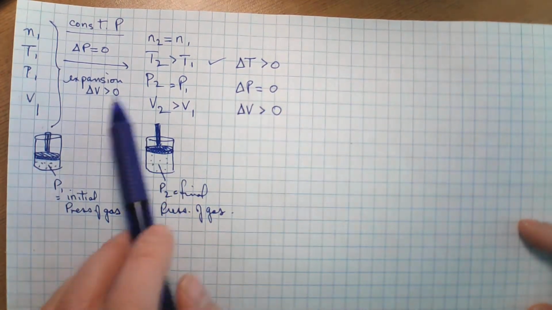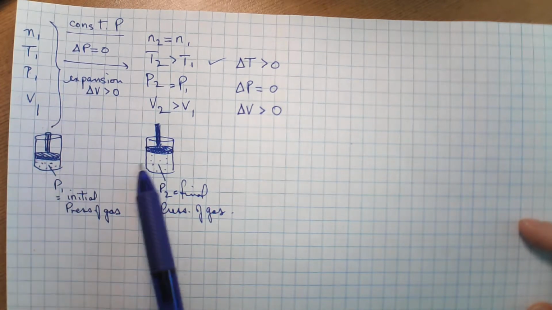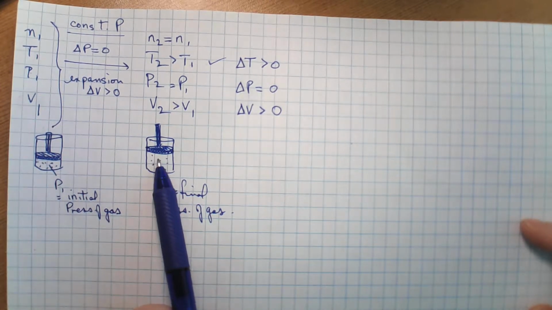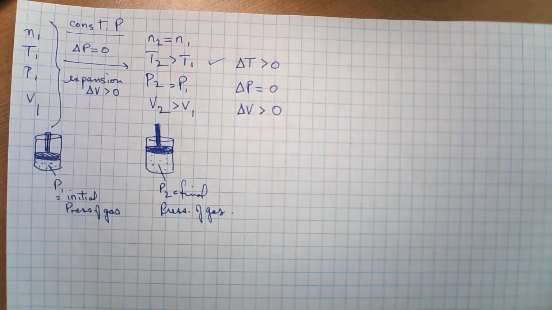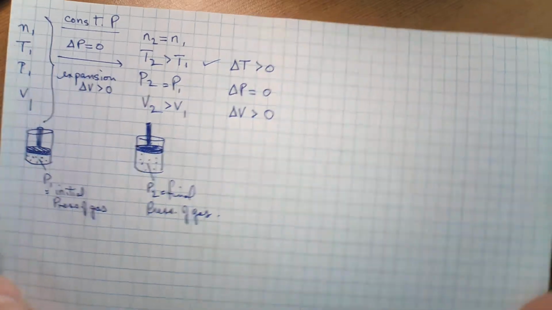Now, because the temperature is going to increase, what have we done in terms of Q? What had to happen? If the temperature has increased, but it didn't increase because I was compressing it, it's expanding and heating. It's not going to do that spontaneously. It's because I've added heat to it.